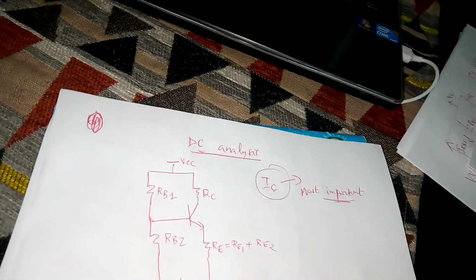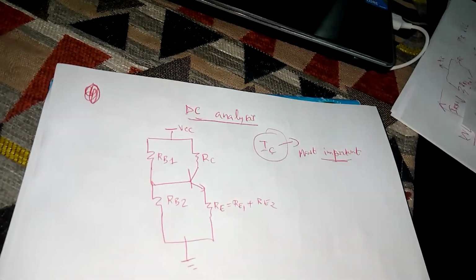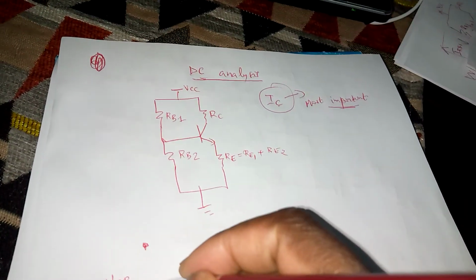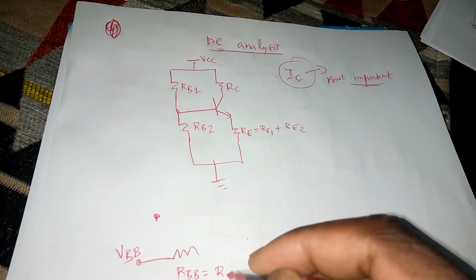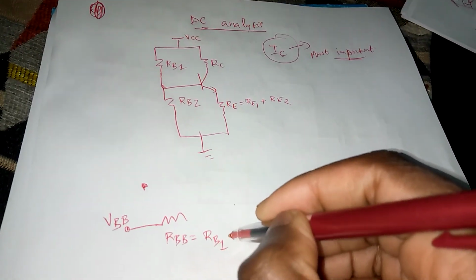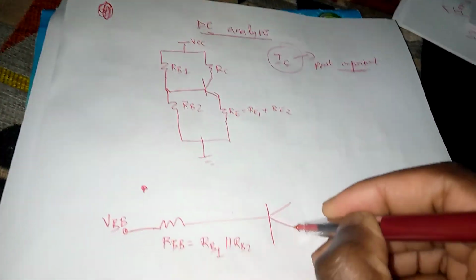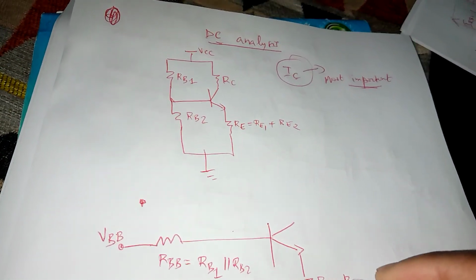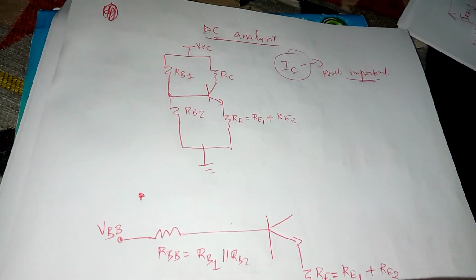As we've mentioned, through Thevenin and Norton conversion, this circuit can be further changed into a single VBB going through a resistor RBB, which, as explained in the previous videos, is RB1 in parallel with RB2, and through the transistor a single RE, which is the sum of the two, the way to ground.